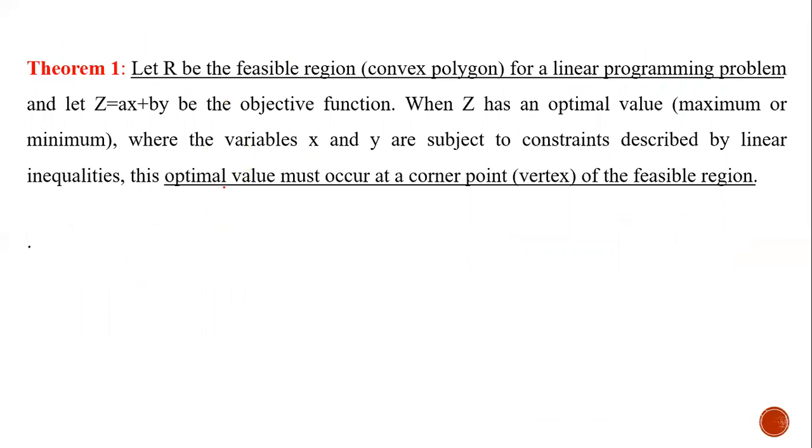This theorem says that if R is the feasible region, which can also be called a convex polygon, for a linear programming problem, and z = ax + by is the objective function, when z has an optimum value, which can be either a maximum or a minimum value, where the variables x and y are subject to the constraints described by linear inequalities, this optimum value must occur at a corner point of the feasible region.